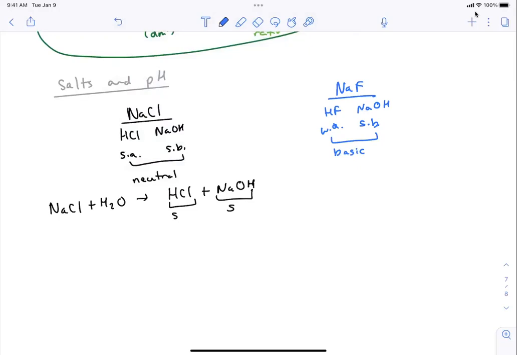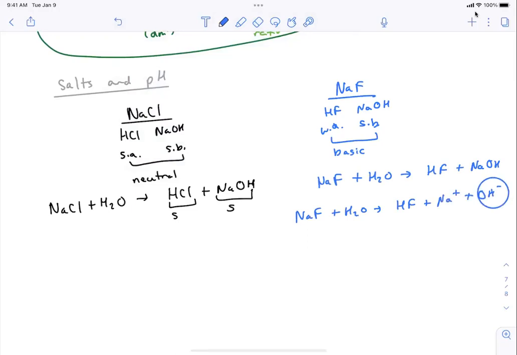But if you were to try to write this out, you would get HF plus NaOH. And the NaOH would dissociate because it's a strong base. And that production of OH minus is what makes it basic.